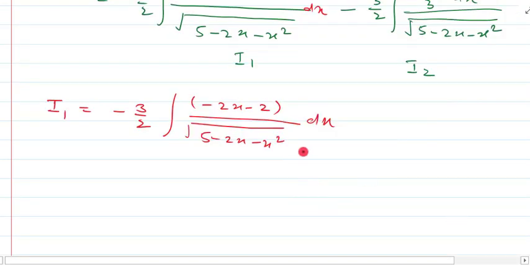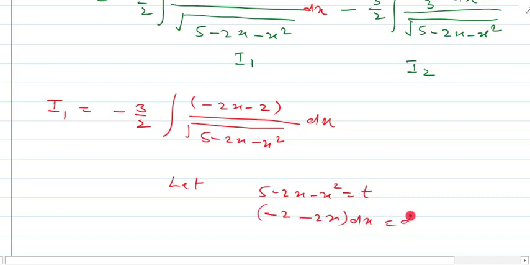And as we have done the arrangement so that its derivative is in the numerator, let us substitute 5 minus 2x minus x square as t. Clearly the derivative is minus 2 minus 2x dx is equal to dt.